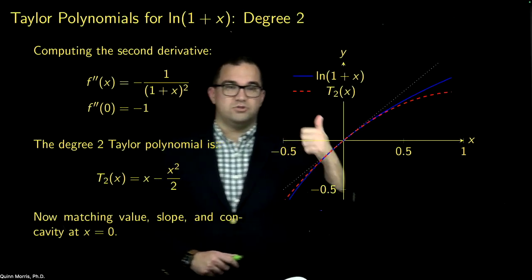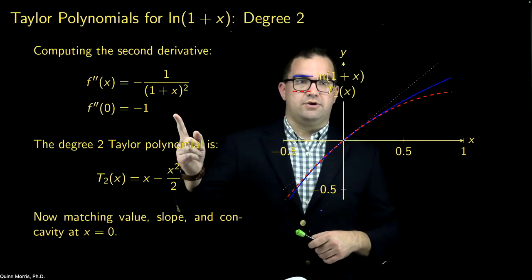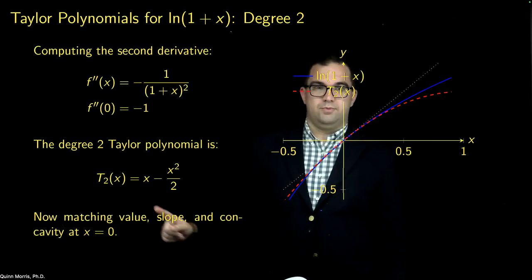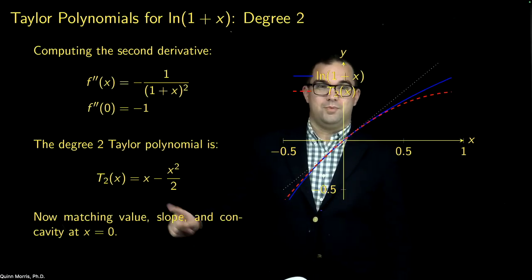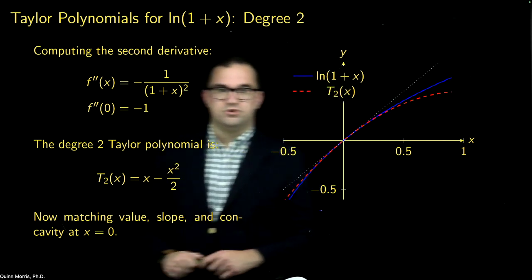Now, we already know the function value and the first derivative at 0. We just need the second derivative now. So we can calculate that, and then you get the degree 2 Taylor polynomial. Notice it's just the degree 1 Taylor polynomial plus an additional term.